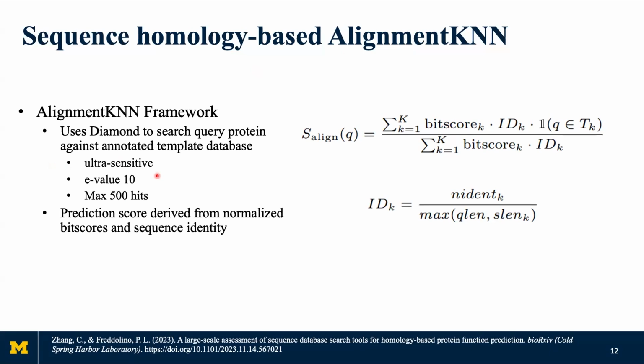Prediction scores are derived from a normalized bit score and sequence identity. Compared to previous methods, we include sequence identity as a weight in the scoring function, where the identity is defined as the number of identical residues divided by the maximum of query length or target length.